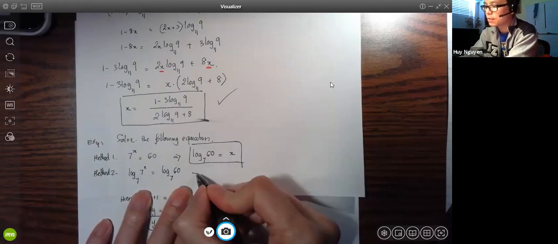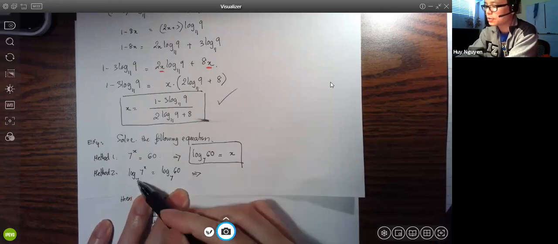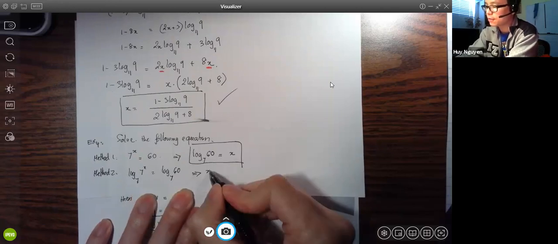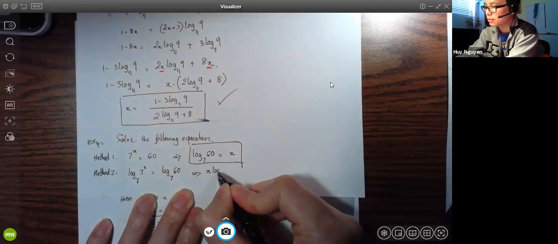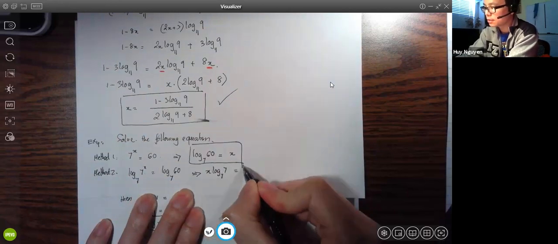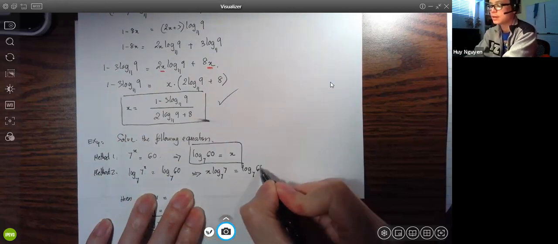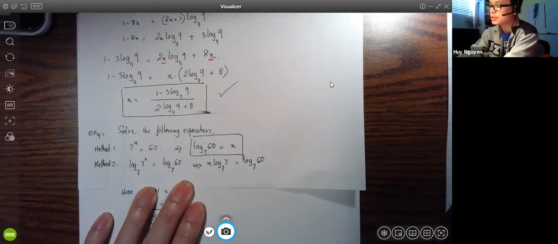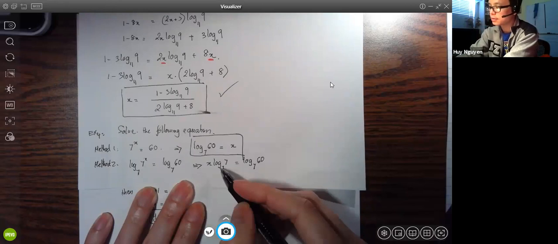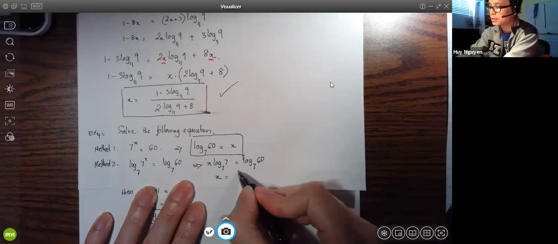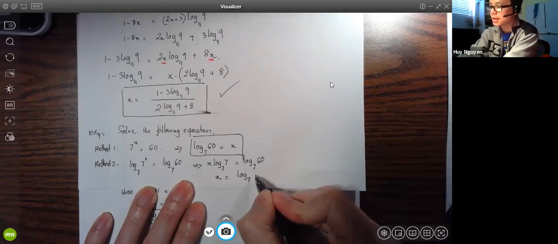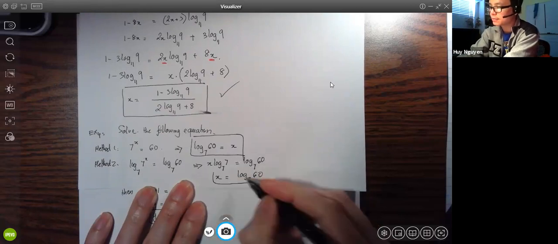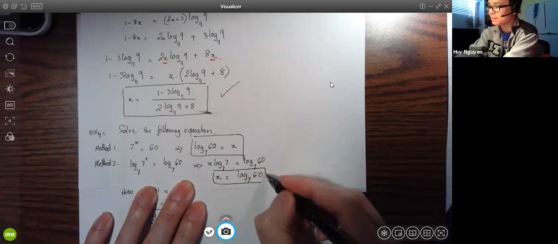This gives you log base 7 of 7, so that I can write the x in the front. Log base 7 of 7 gives you 1. So 1 times x is x equals log base 7 of 60. You see, the answer is the same.